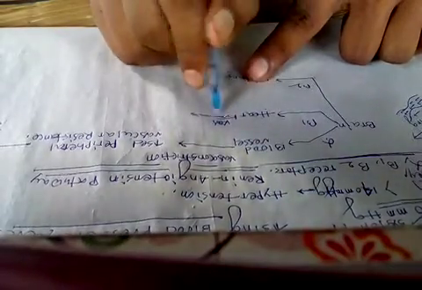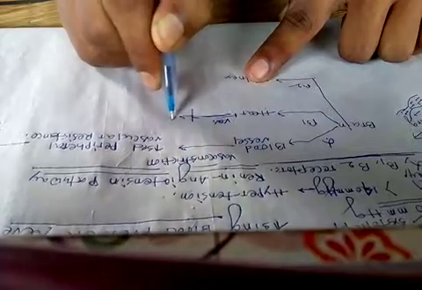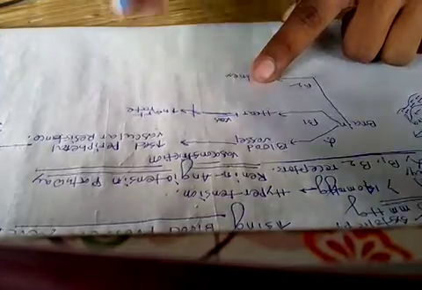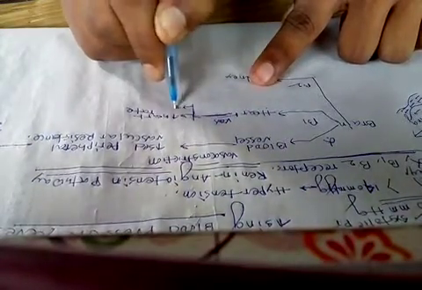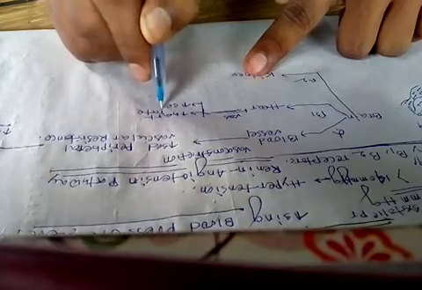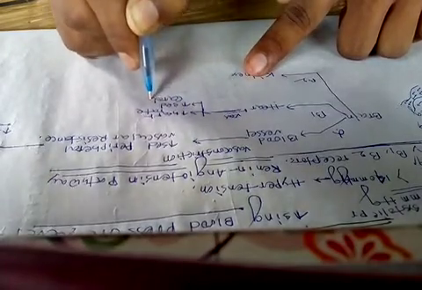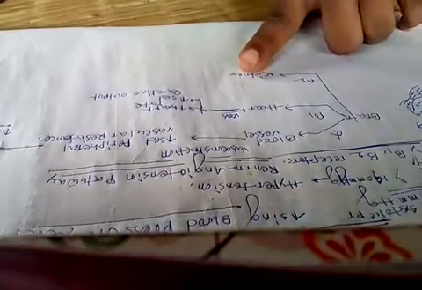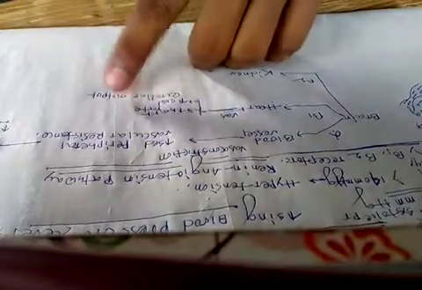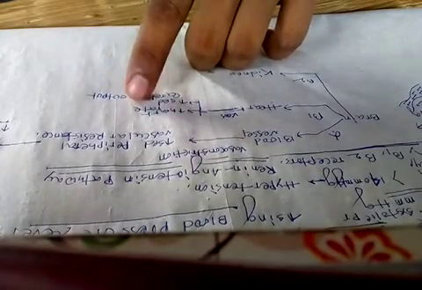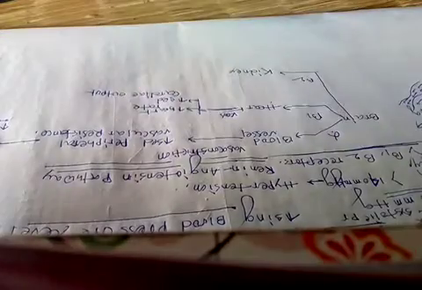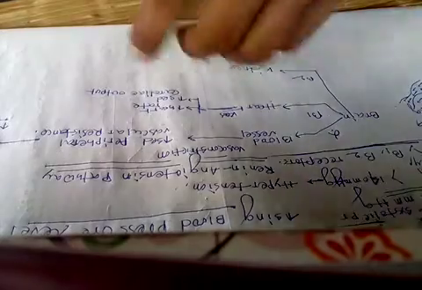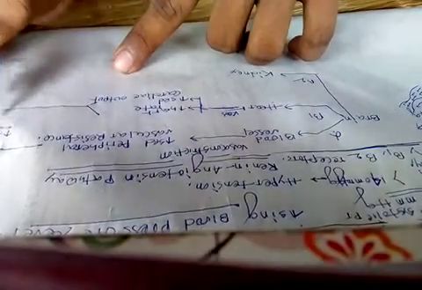We can see an increase in heart rate, and also an increase in cardiac output. After the increase of heart rate and cardiac output, what will happen? If the heart rate is increased, the blood pressure also will increase.